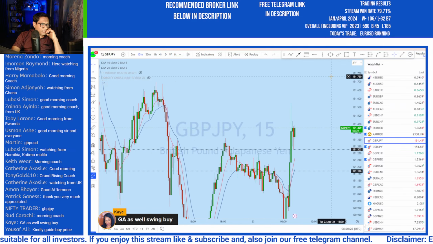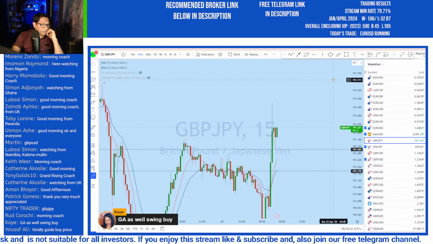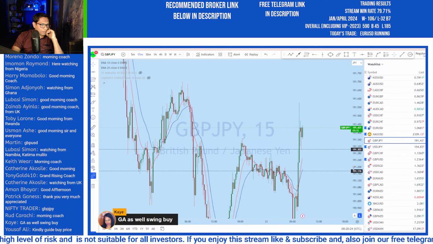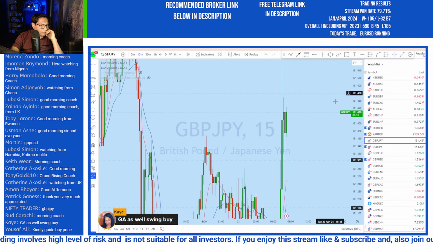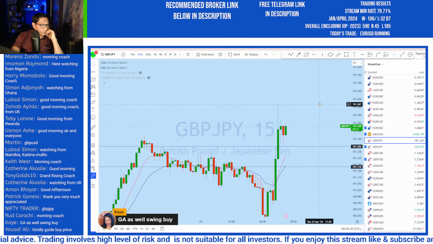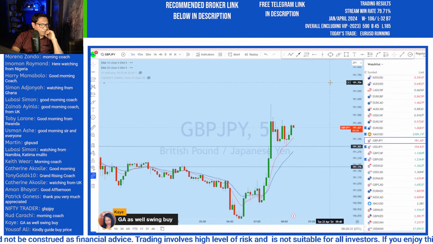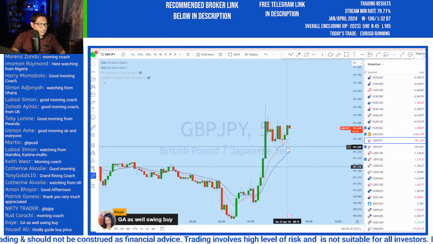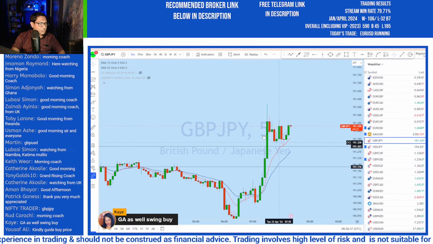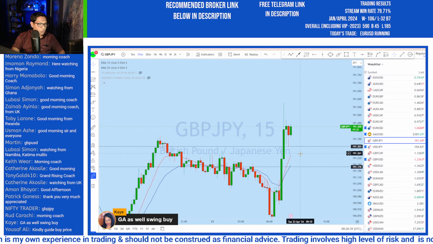Okay, so this is an important support level on GJ. If we look at the lower time frame, this is a liquidity zone.